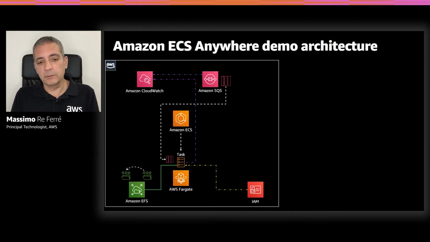So I built a very basic Python application that you can see in this slide running in that ECS task that in the cloud has been instantiated on AWS Fargate. That application is built in a way that it will read from a queue that we have defined in Amazon SQS, and it will act upon files or data that are hosted on an EFS share.